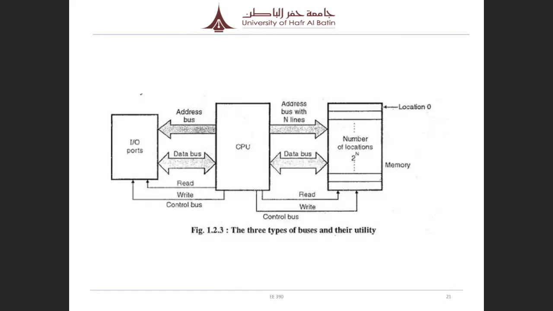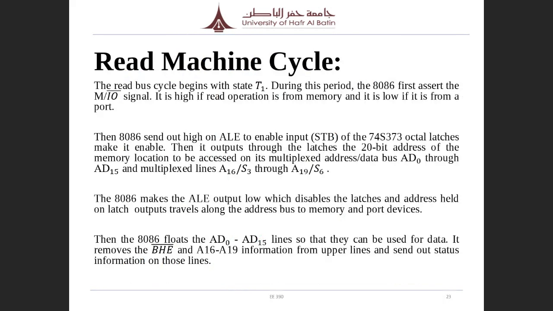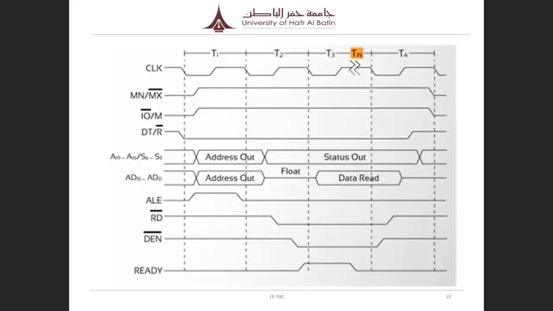Let us go to another point: the read machine cycle and write machine cycle timing diagram. Look here. For example, this is the clock signal. They work with a clock. One clock means one period, then the second clock T2, T3, and T4.